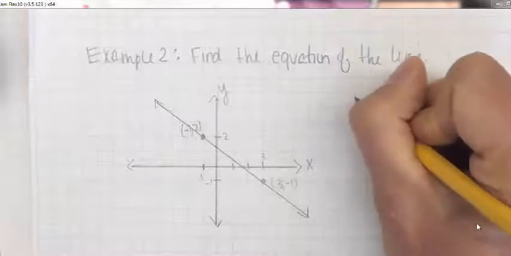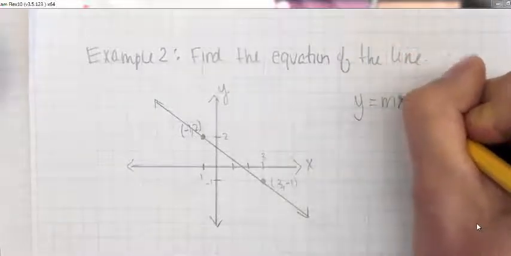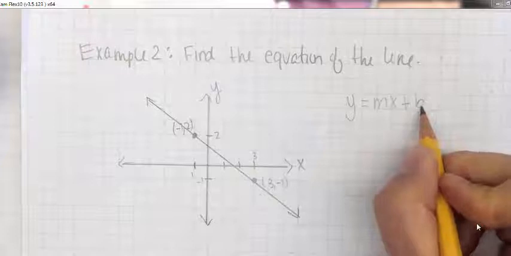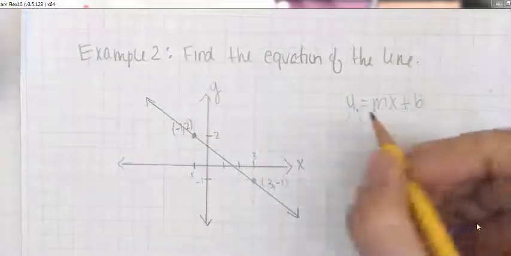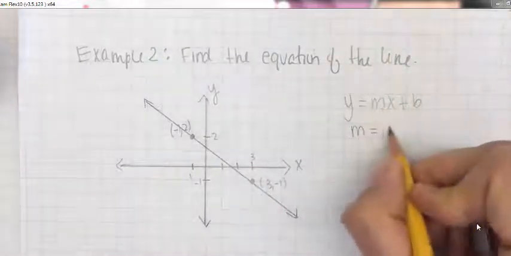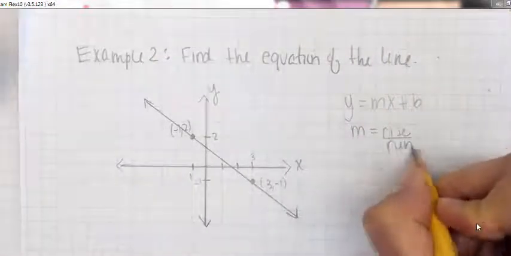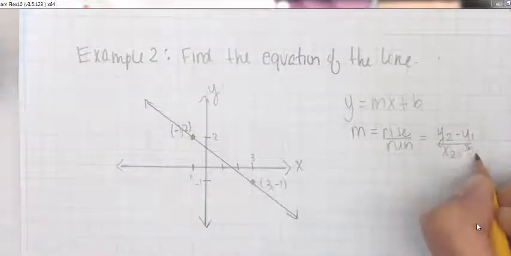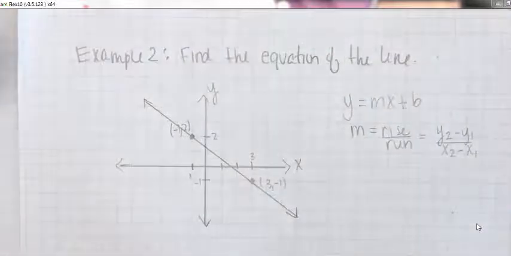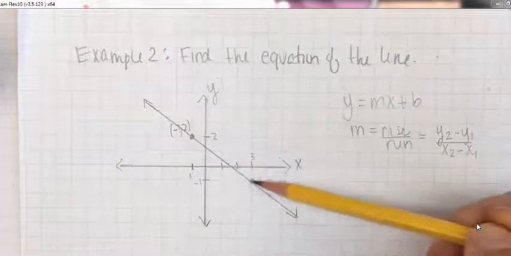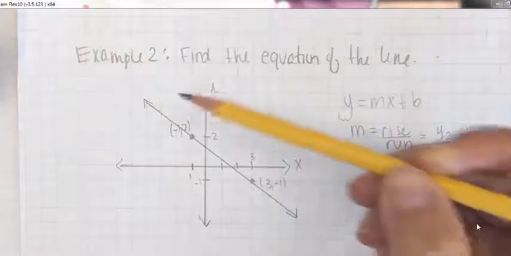Okay, so let's find the equation of this line. We know that the equation of a line looks like this, slope-intercept form. Let's find our slope and our y-intercept. The first thing we're going to do is find our slope. Slope is always rise over run, or in other words, the change in the y's over the change in the x's. One thing I can do is just count, because these are exact whole-number coordinates, so they're pretty easy to work with.